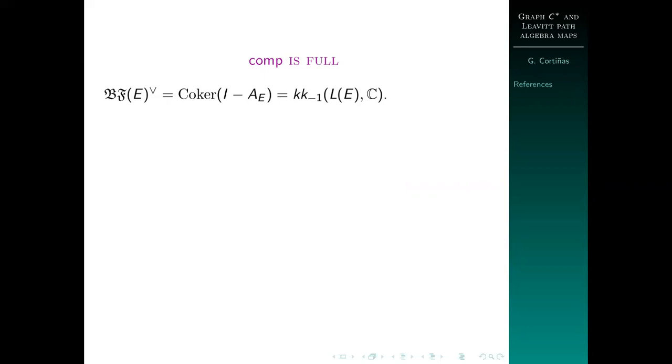I will call the dual Bowen-Franks group the cokernel of the identity minus AE without the transpose, which, in the case when E is essential, is precisely the Bowen-Franks group of the transpose graph. And this is equal to kk minus 1 of LE, C. So it's the maps from LE to the suspension of C in the kk category.